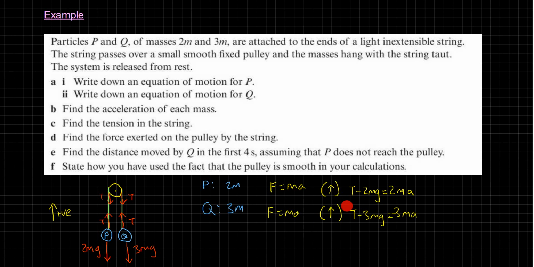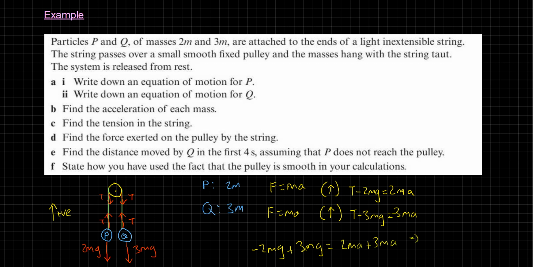So let's do one equation minus the other. I'm going to go for top equation minus bottom equation. So I'll have T minus T is 0, minus 2mg minus minus 3mg, and 2ma minus minus 3ma gives me 2ma plus 3ma.